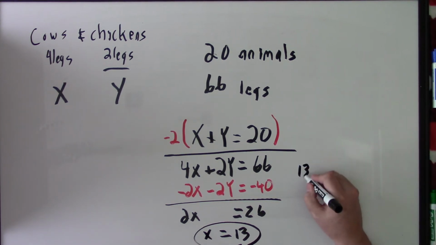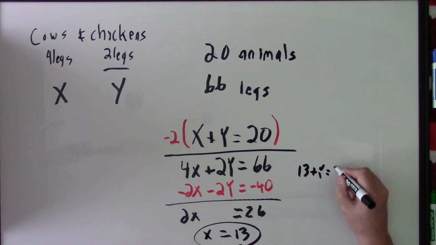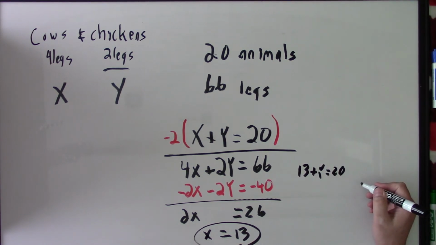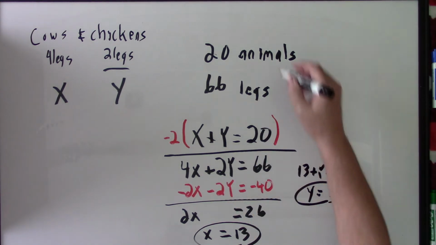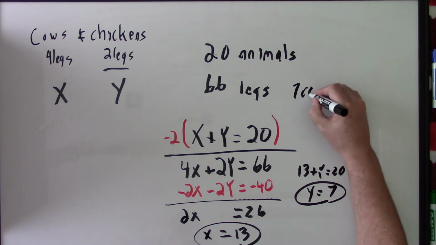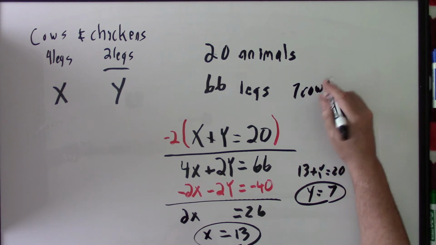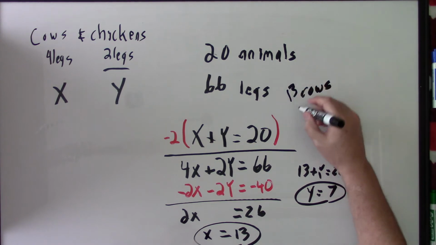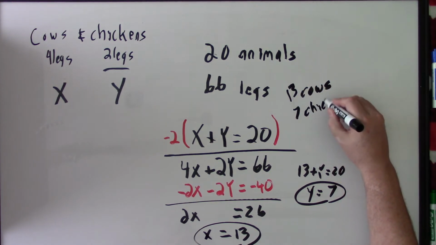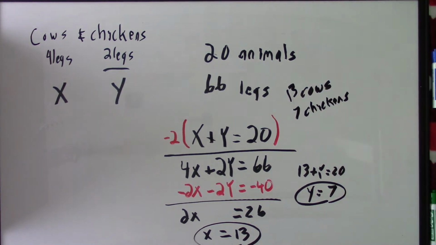So if I have 13 cows, 13 plus y is equal to 20. So y is equal to 7. Oops, nope, I'm sorry. 13 cows and 7 chickens. Now we can verify that in the second equation too.